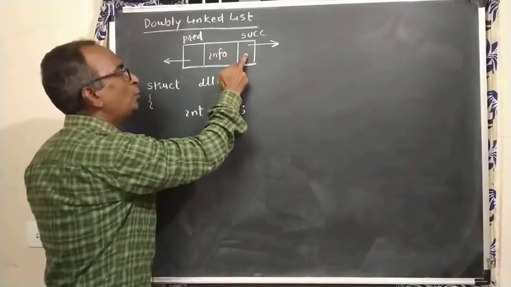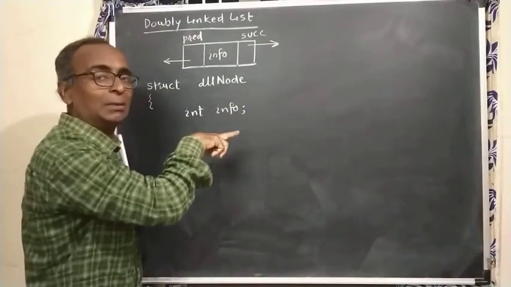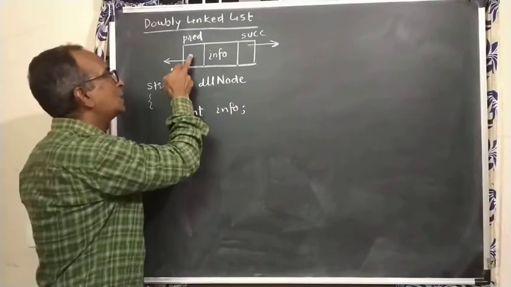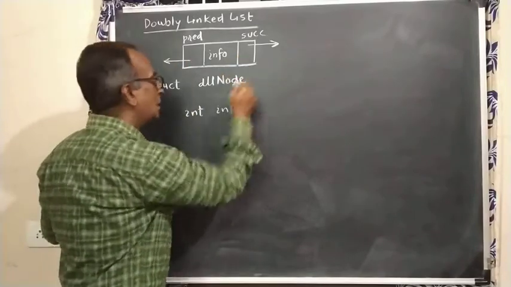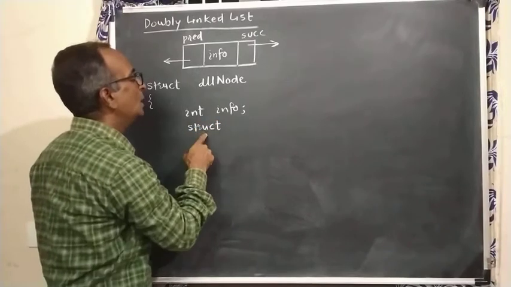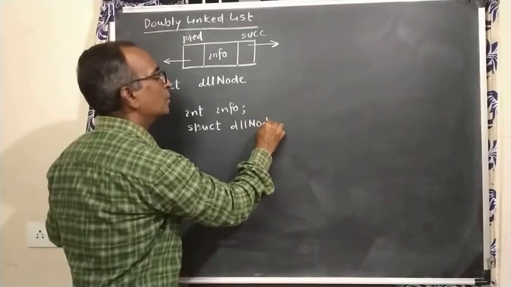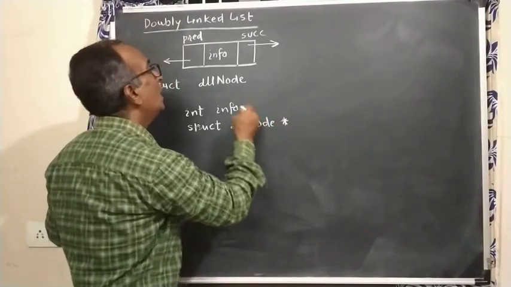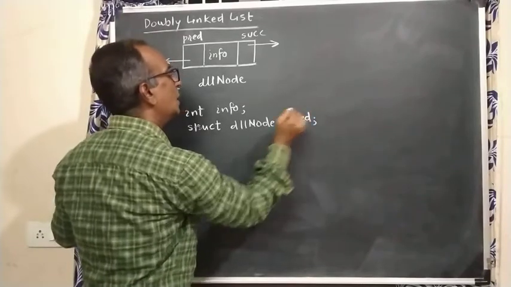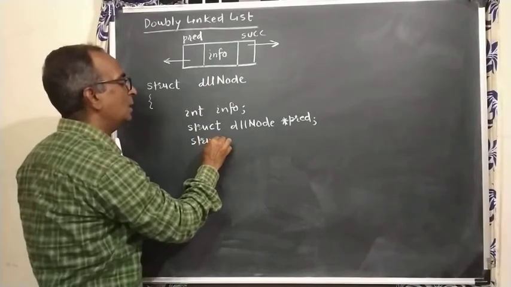Now these two fields, this field points to its successor node, similar type, means self-referential structure will be there. So I'll say predecessor one pointer, successor one pointer, that is pointing to similar type of node. Struct DLL node star, and then this identifier I give as predecessor, and this field is again self-referential.